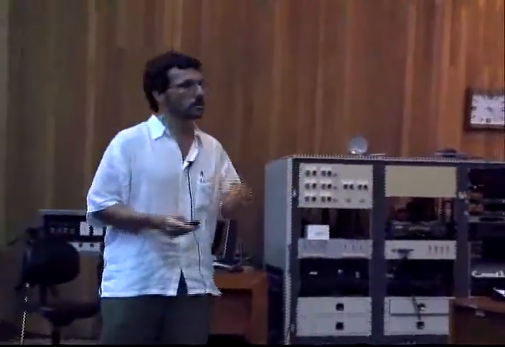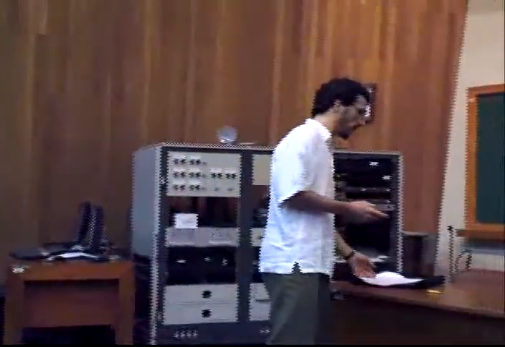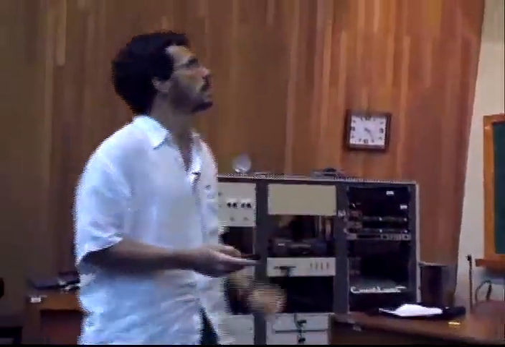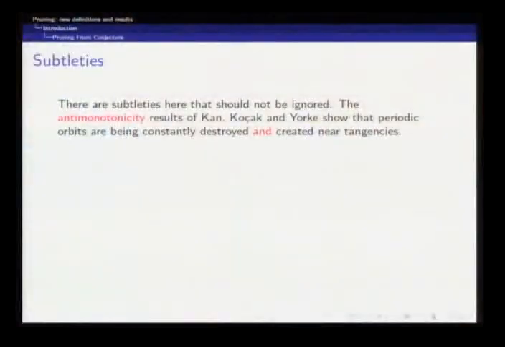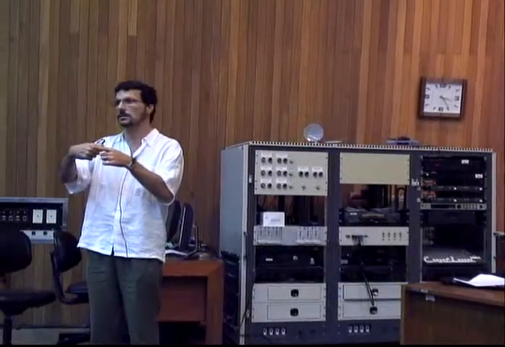There are several subtle things about this, and one of the subtleties that drives the point home that you should be careful is the result of anti-monotonicity, which shows that near every one of those tangencies that we saw here, periodic orbits, or even intersections, actually, are being destroyed.